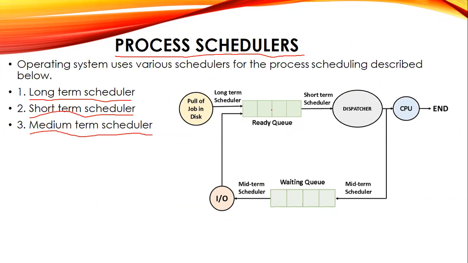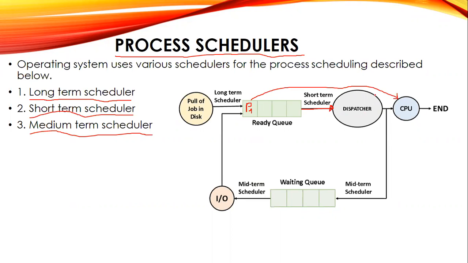In the ready queue, we have the processes that are waiting for execution. Let's say, from the ready queue, if one process will be picked by the CPU and executed, the short-term scheduler is in charge.